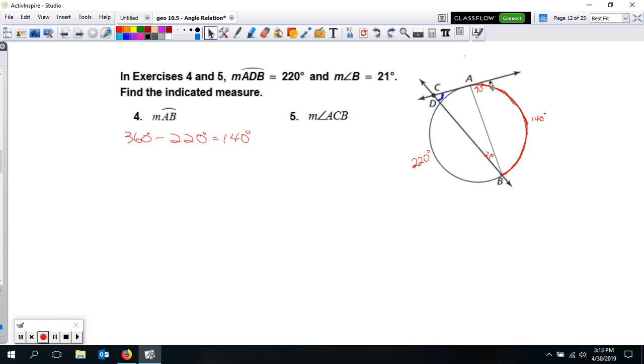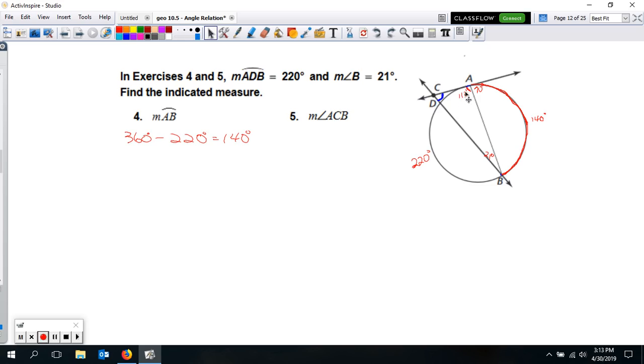This is twice what the angle is, or this is half of what the arc is. And so if this is 70 and this is our point of tangency right here, so that's our tangent line, then that makes this a straight line. So on this side of this line, of this chord really, it's going to be 180 minus 70, that's going to be 110. We kind of saw that same thing before.